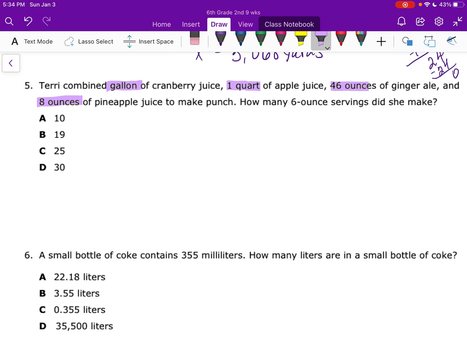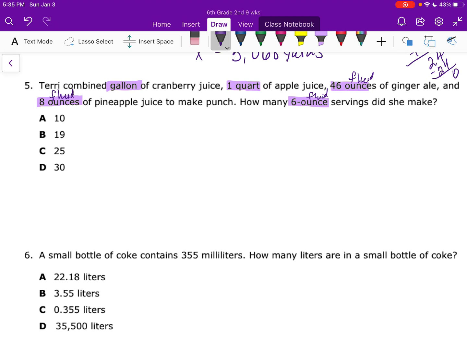How many 6-ounce servings did she make? Again, these would be fluid ounces. They don't always say fluid ounces when it's with liquid, but it's fluid ounces. They're not talking about weight here.